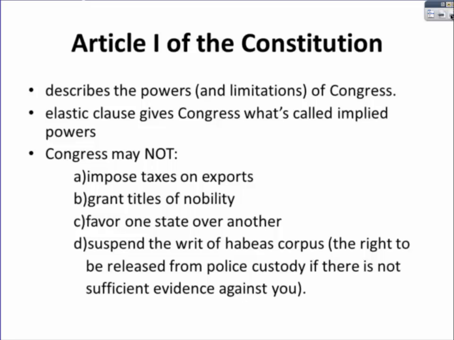And lastly, you may not suspend the writ of habeas corpus. This is the right to be released from police custody if there's not sufficient evidence against you. The only exception of suspending the writ of habeas corpus is a national emergency, such as an internal rebellion or an invasion from a foreign power. Those would be really the only acceptable ways of suspending the writ of habeas corpus for any reason.